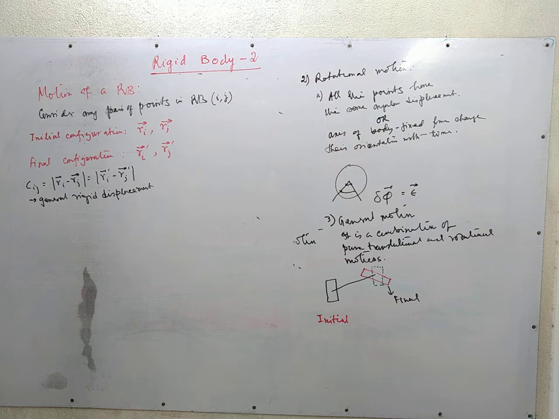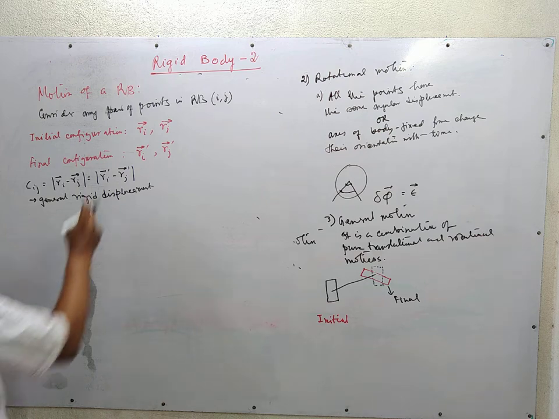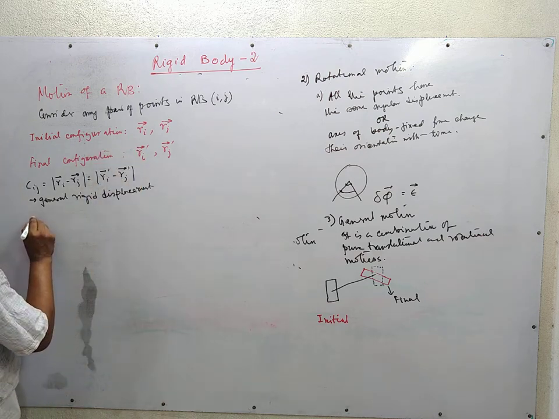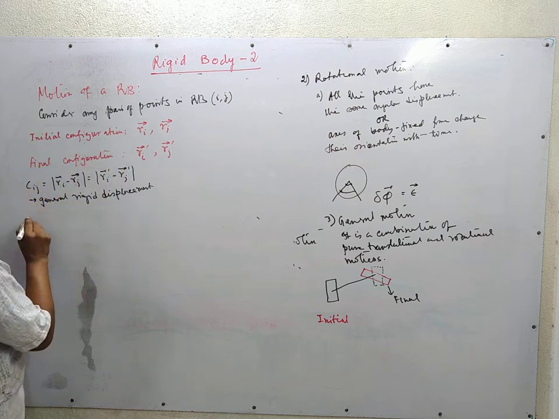So in the initial configuration we describe the 2 points in the unprimed frame. And in the final configuration, we describe the position of the same 2 points in terms of the body fixed frame. So what is the transformation relation relating these two?